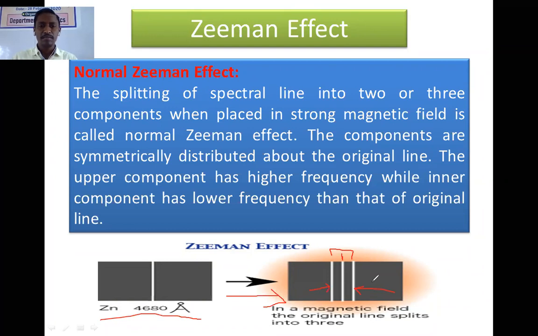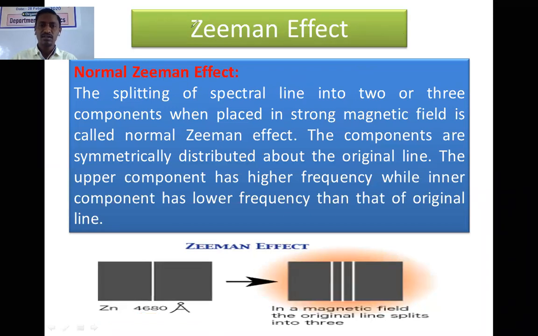So in this way, there is an effect of strong magnetic field on a single spectral line, which got split up sometimes into two components, sometimes into three component lines. So that is called a normal Zeeman effect.